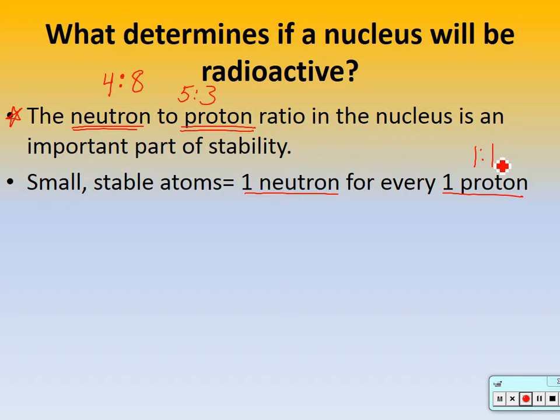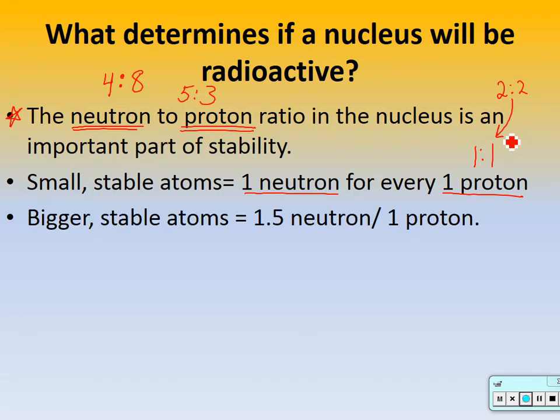If you look at helium on the periodic table, what's its atomic number? 2. What's its mass number? 4. So how many neutrons? 2. 2 to 2. Is that a 1 to 1 ratio? Yeah. Can that be reduced? Yeah, that's 1 to 1. So helium is a very stable element. It is not radioactive. It's not going to break apart.